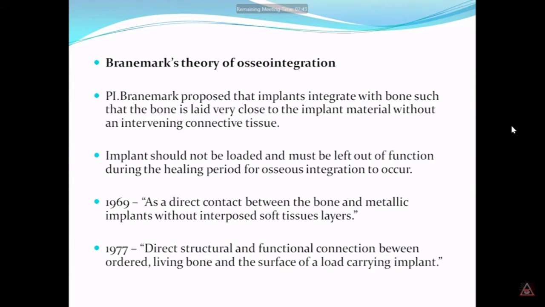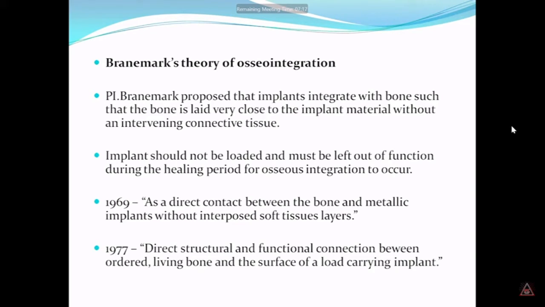We should not keep a crown after placing the implant, and it must be left out of function during the healing period for osseointegration to occur. So initially, Brånemark thought that we should not give load to the implant, no crown, because it may prevent the osseointegration.